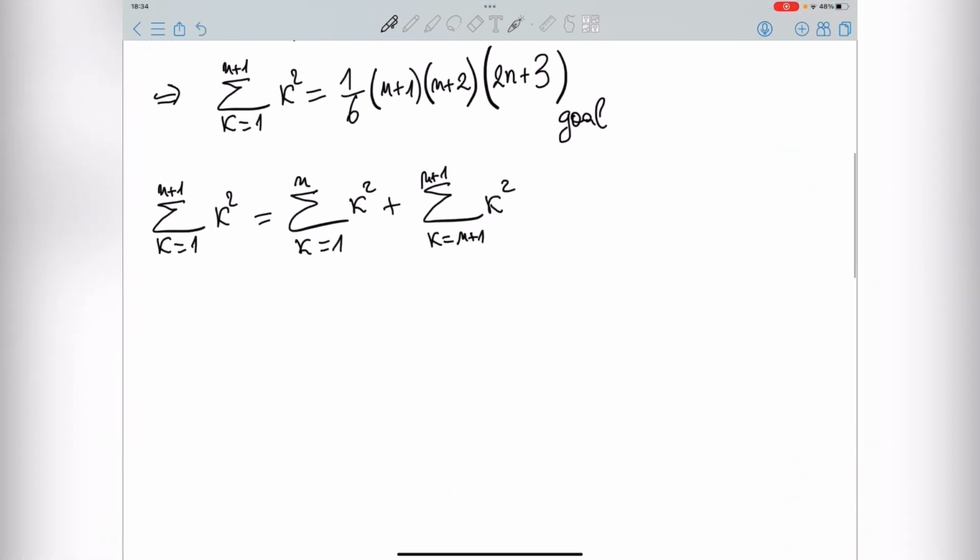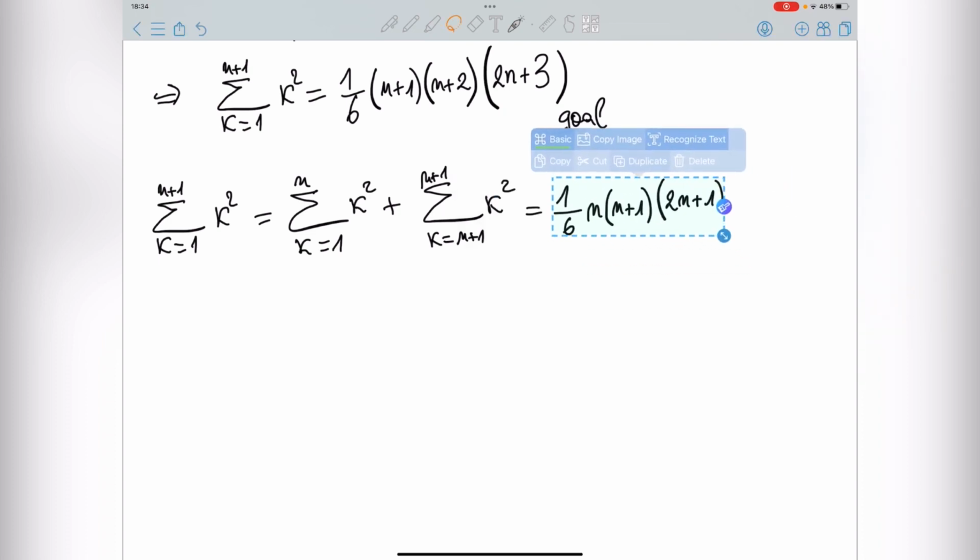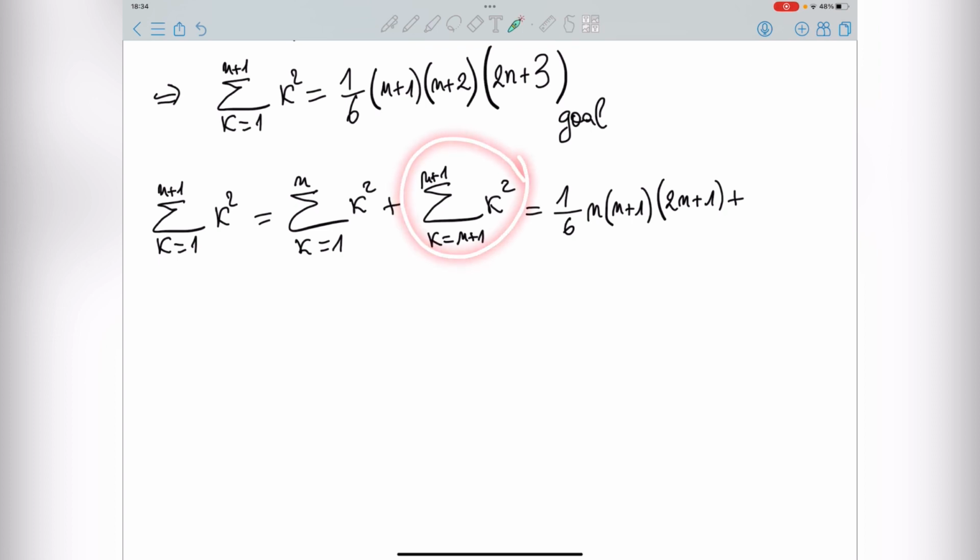So this is equal to, we paste it here, this plus this summation, and here we start from n plus 1 to n plus 1, so we can basically substitute this into our k.